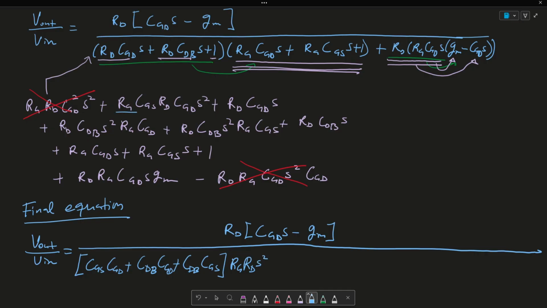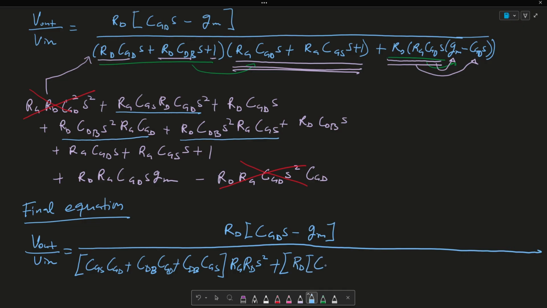Again, that's coming from all my S terms. So this term here, and this term here.